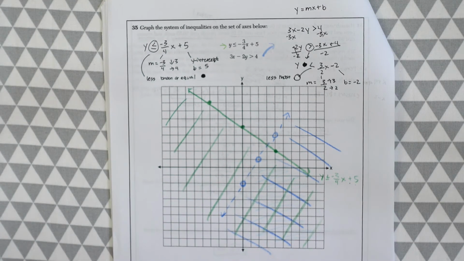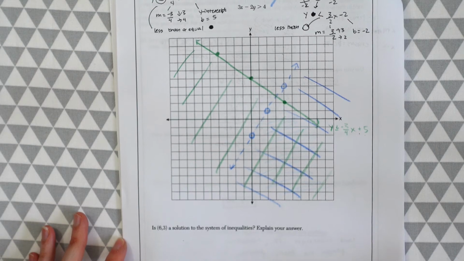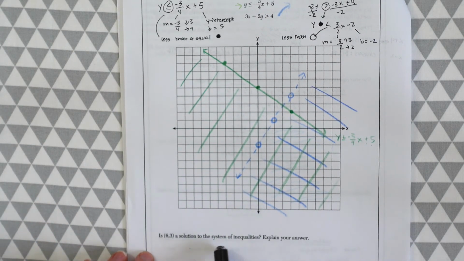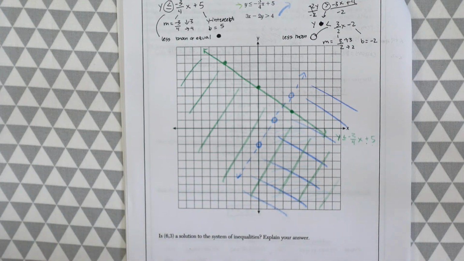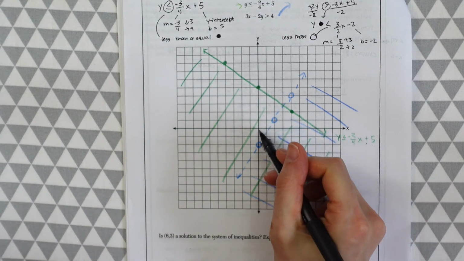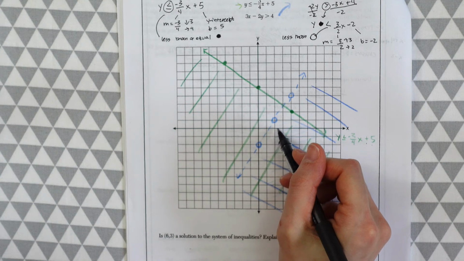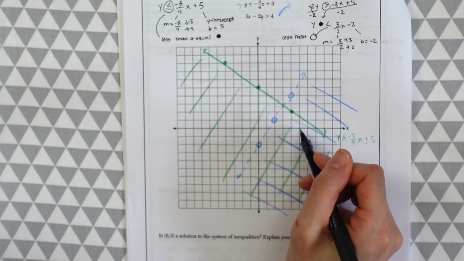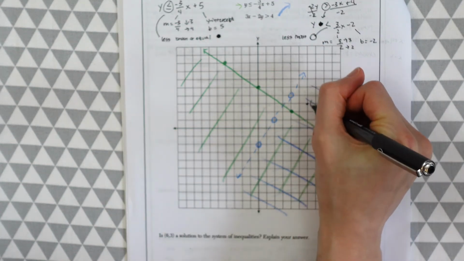We graphed the system of inequalities, but now there's a follow-up question, which asks us, is (6, -3) a solution to the system of inequalities? Explain your answer. So if we go to (6, -3), 1, 2, 3, 4, 5, 6, and then down 3. So here's (6, -3).